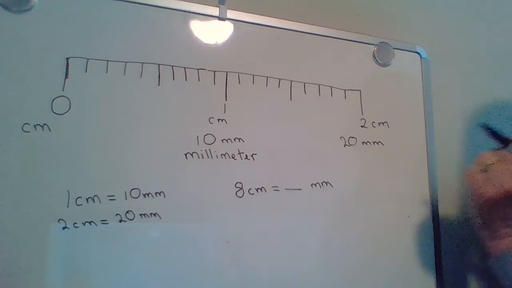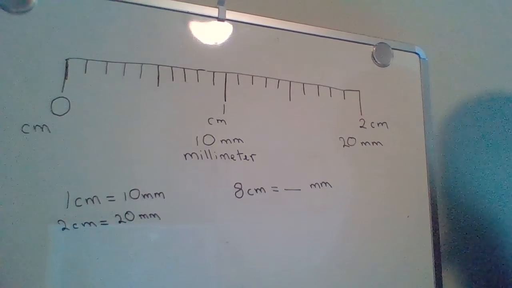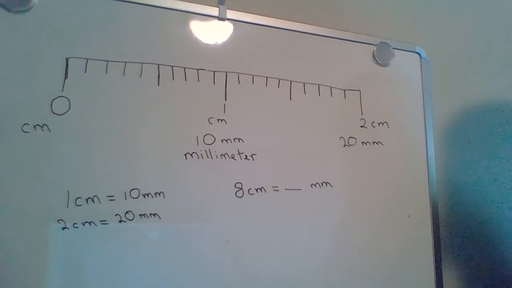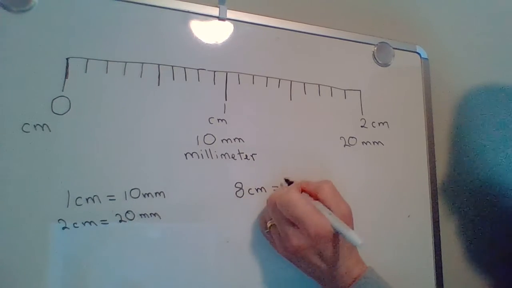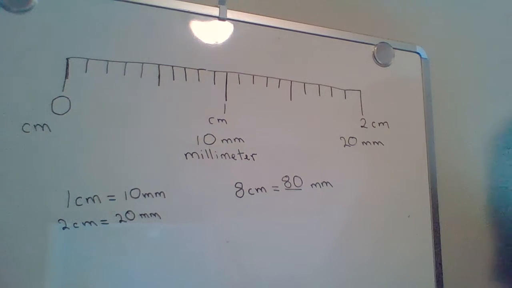So again, my question, what do you guys think? How many millimeters would it be to equal 8 centimeters? How many of those spaces would it take? Well, it looks like we're adding 10 or multiplying by 10, huh? Okay, so if you think 8 times 10, that would be 80 millimeters. Okay, well, let's go on.